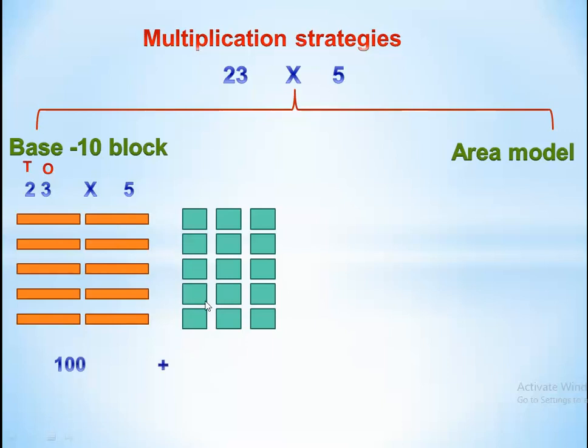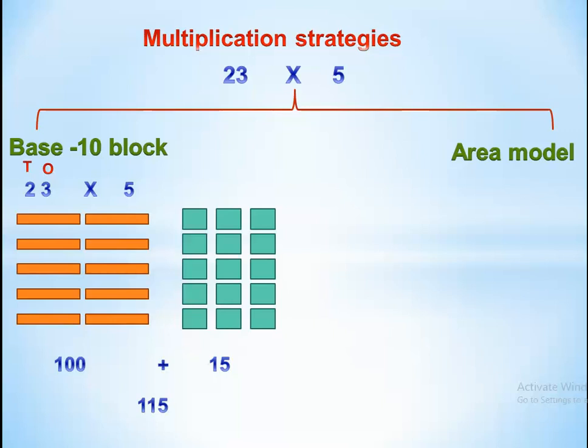Plus, how many ones do we have? 1, 2, 3, 4, 5, 6, 7, 8, 9, 10, 11, 12, 13, 14, 15. So we have 15. So the answer is 115. Okay, this is the first method or first strategy to find the multiplication.